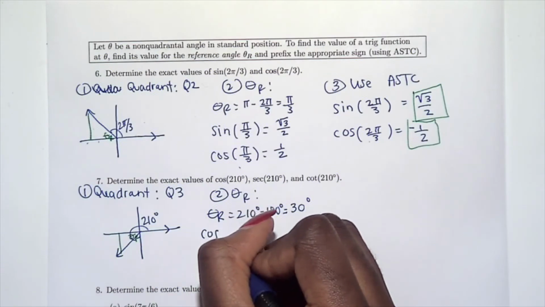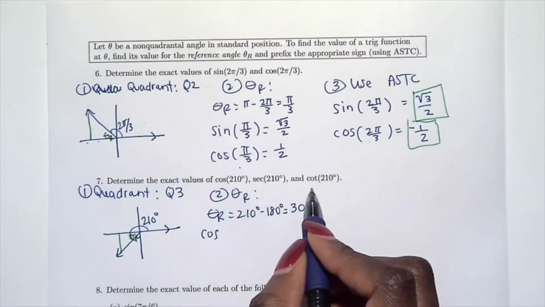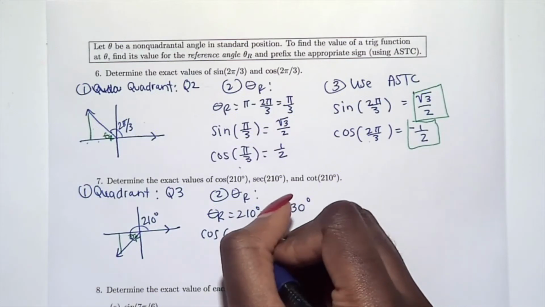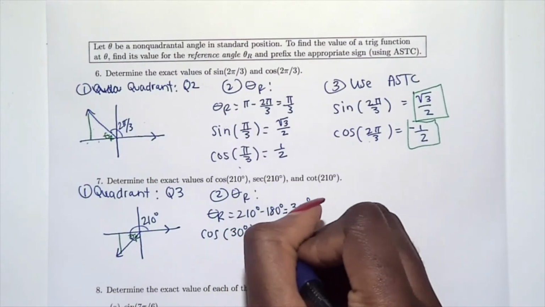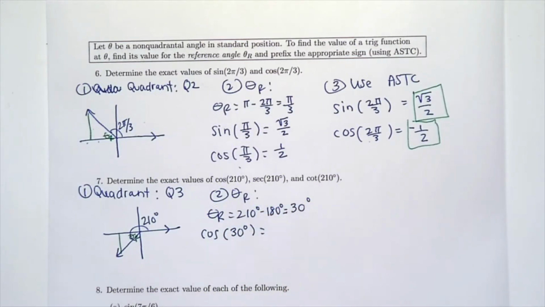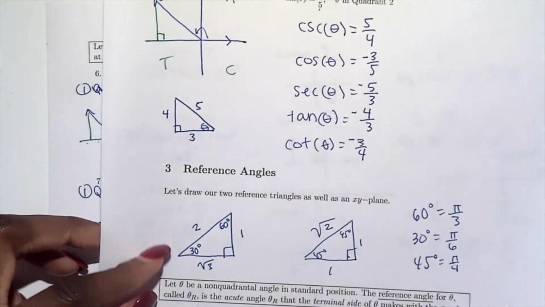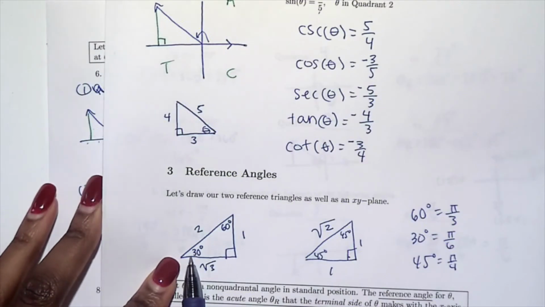And so we were asked about cosine, secant, and cotangent. So cosine of 30 degrees. All right, so we're doing this reference angle style, so we need to use our reference triangle. Here's 30 degrees. We want cosine, adjacent over hypotenuse, root 3 over 2.